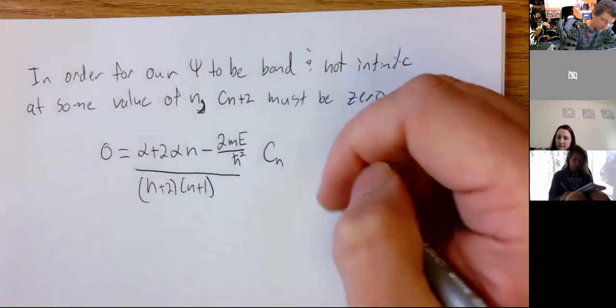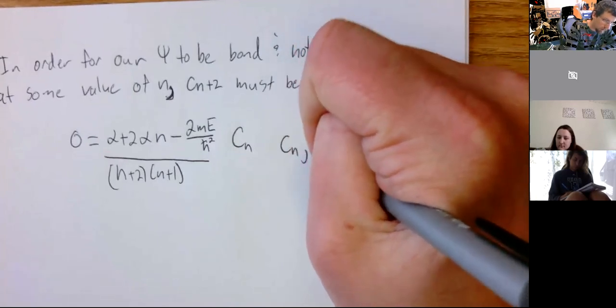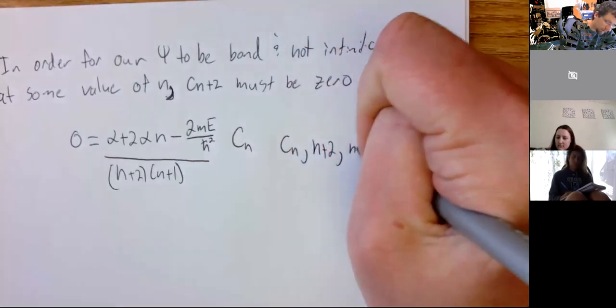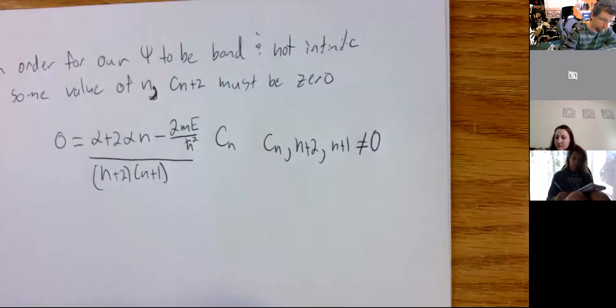The other important thing is we know that C sub n, n plus 2, and n plus 1 do not equal 0.